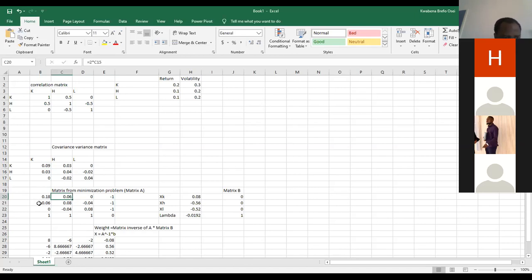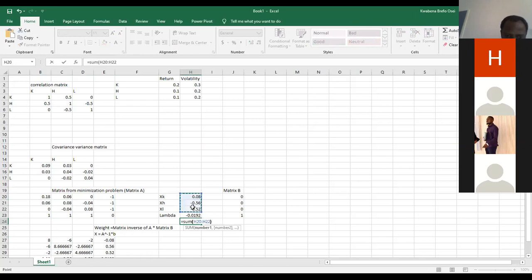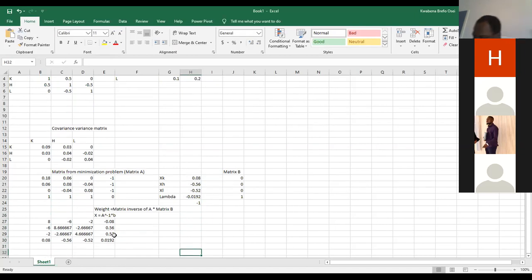This one is 0.06, so this one is the same as this. 2 times 0.06 is 0.4. So then how come? When you sum up, it's supposed to be equal to 1, so there's a problem somewhere. Let me check and be sure.